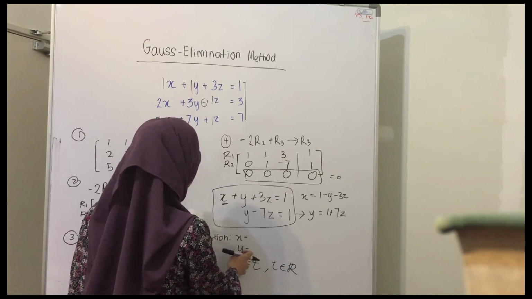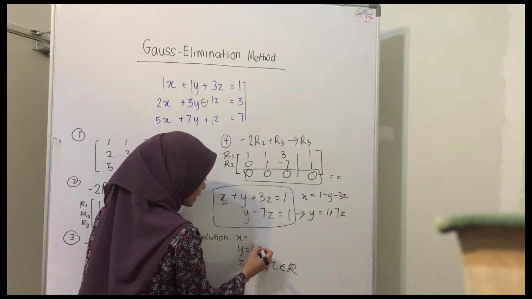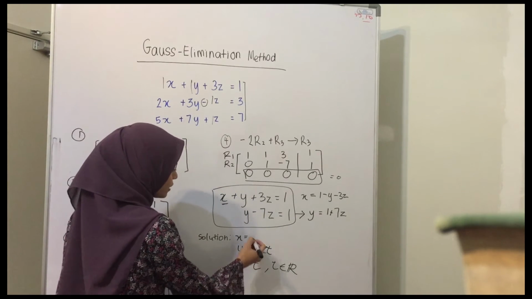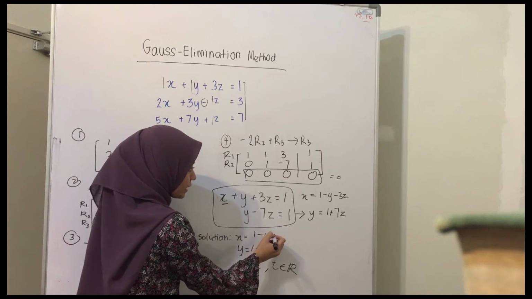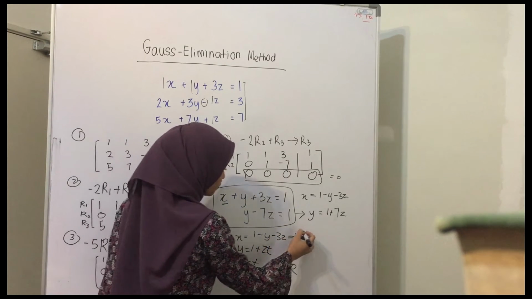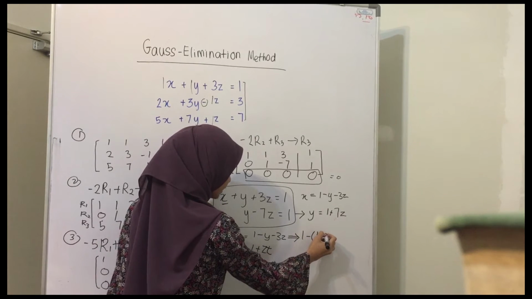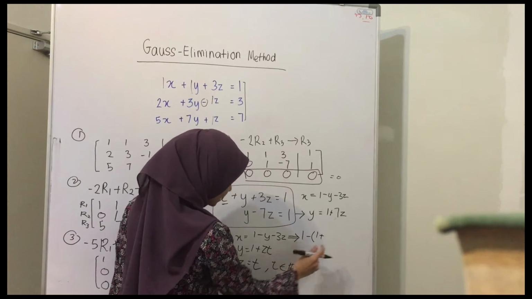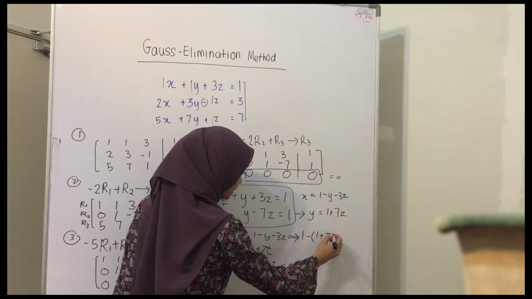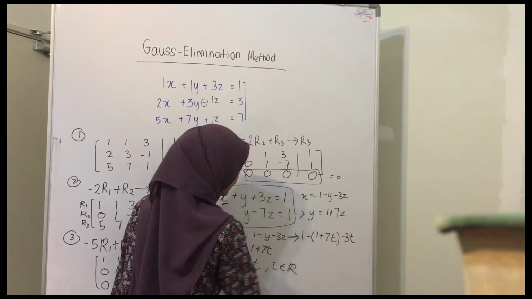So when t is a real number, y is equal to 1 plus 7z, which means 1 plus 7t. x is equal to 1 minus y minus 3z, which is 1 minus (1 plus 7t) minus 3t. 3z is 3t.